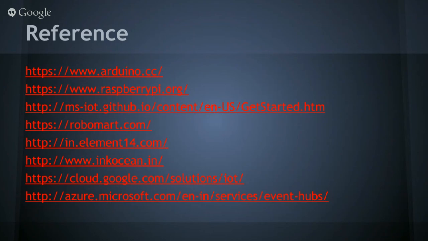These are the stores I used to purchase these things: Robomart, Element14, and InkOcean, which has not been received yet. Also the Google solution for IoT and the service Event Hub. If you need to know more about Event Hub, these are the references I have used.